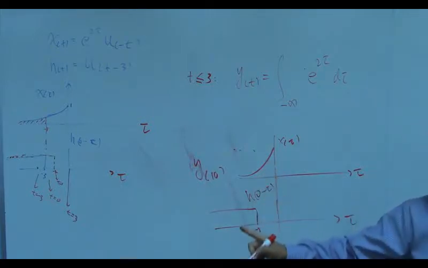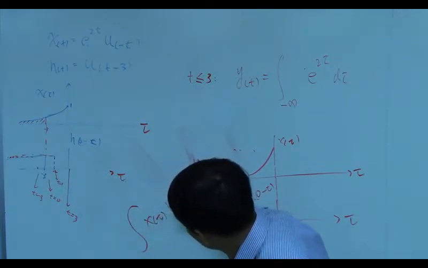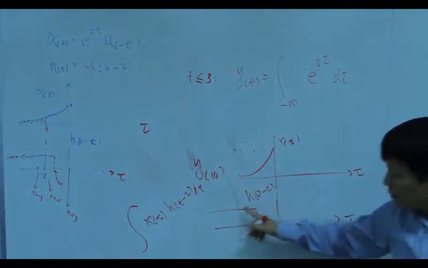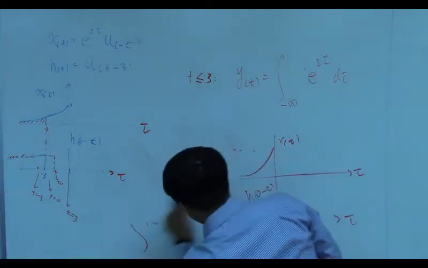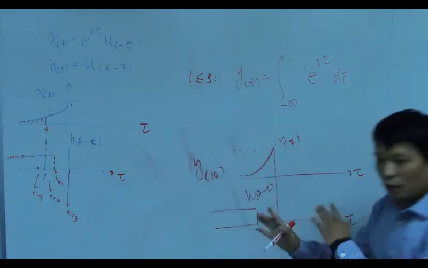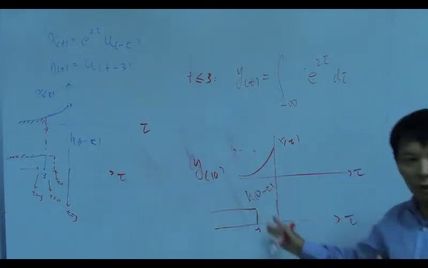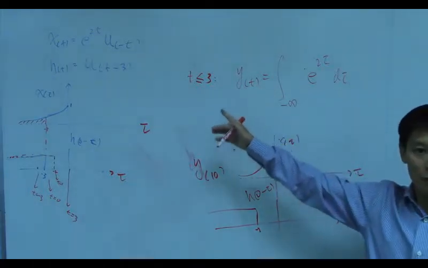And recall the formula is x(tau) times h(t minus tau) d tau. That means t equal to 0. So if we only flip without shifting yet, you multiply, you do the integration, that corresponds to the output when t equals 0.